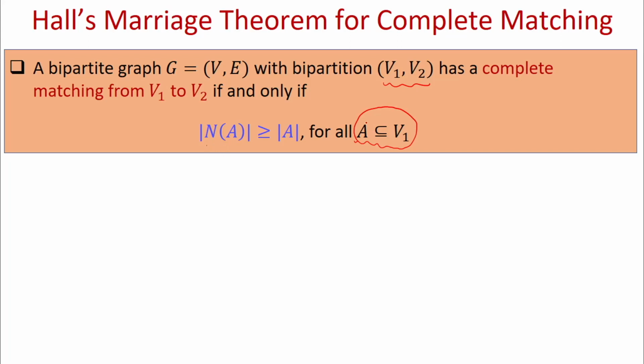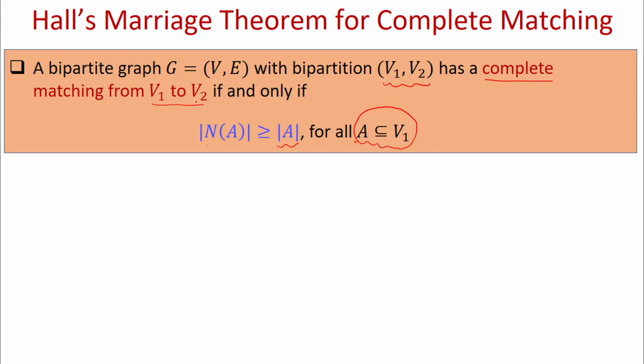the number of neighbors of that subset A should be greater than or equal to the number of nodes in the set A. Of course, the neighbors of the set A will be in the subset V2, because that is the definition of a bipartite graph. You can't have the neighbors of the subset A within the vertex set V1 itself. The neighbors of A will be in the other subset in your bipartition, namely V2. So what it says is, you want to find a complete matching from V1 to V2, right?